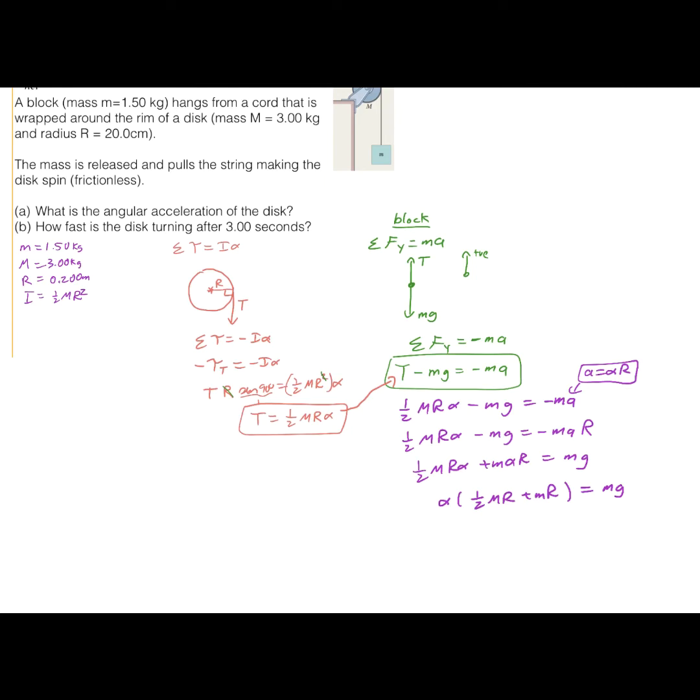I can solve for alpha and do a little simplification. I end up with mg over 1/2 mr plus mr. And if I plug in all my values, I get an angular acceleration of 24.5 radians per second squared.